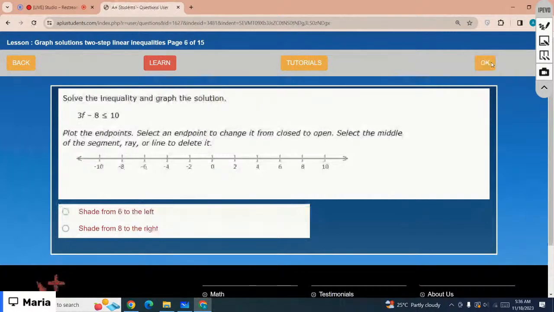Solve the inequality and graph the solution. Which is the correct option? Yes, that is shade from 6 to the left. Option number 1 is the correct option.